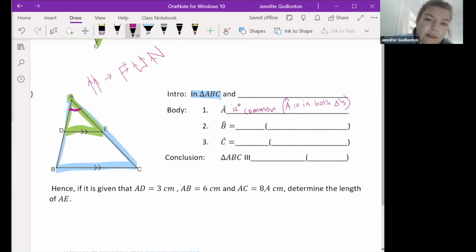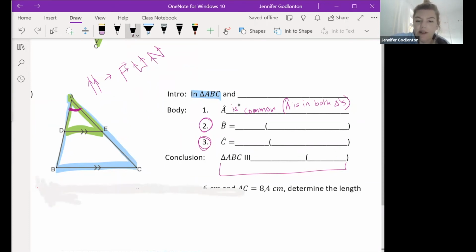I want you to see what you can find here, and fill in the rest of this for me. So I'm wanting reason 2 and reason 3, and then my conclusion, and then we're going to talk about this together. I'll erase it for the moment until you're there so it doesn't stress anyone out.